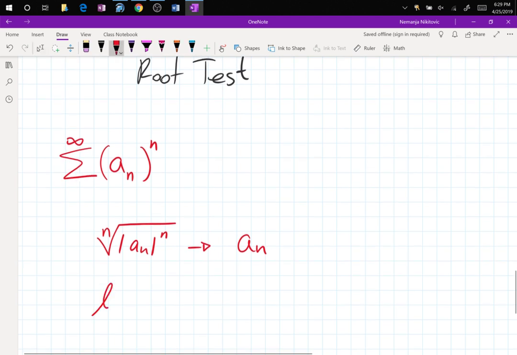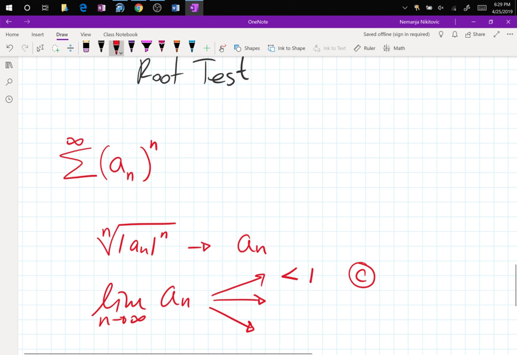Then you take the limit of that a_n as n goes to infinity, and you are going to have the same three cases that you have for a ratio test. Your answer could be less than 1 for convergence, larger than 1 for divergence, or equal to 1 for inconclusive. Use something else.